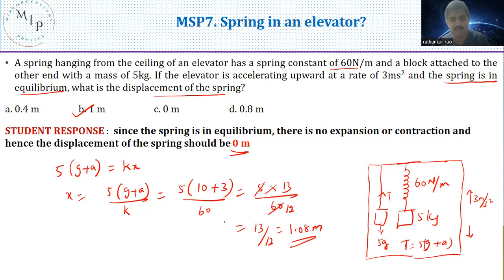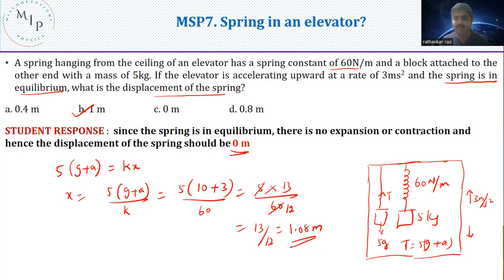The second confusion here is that we look at the keywords equilibrium, displacement. The moment I say equilibrium, definitely displacement should have been 0. And as a result of this, this is what happens. Now, if that is the case, why should this particular phrase be given, the spring is in equilibrium? What do you mean by that? Equilibrium means the spring is not oscillating like this.